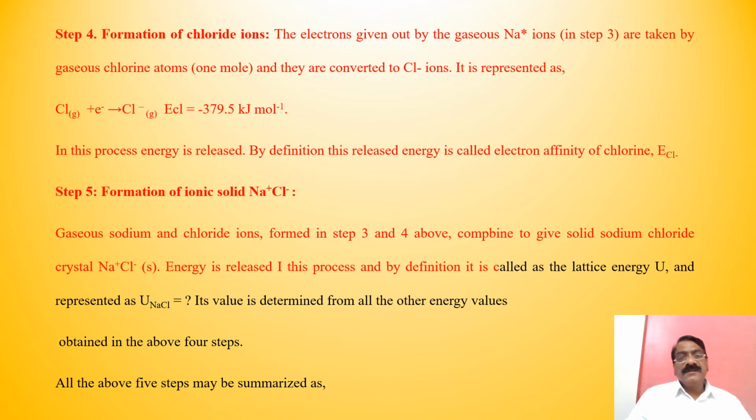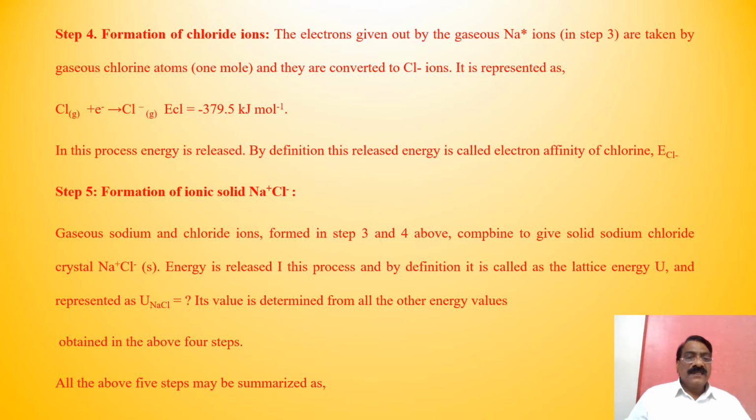Energy is released in this process, and by definition it is called lattice energy U and represented as U NaCl. Its value is determined from all the other energy values obtained in the above 4 steps.